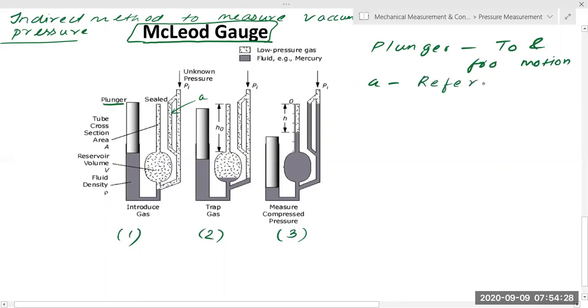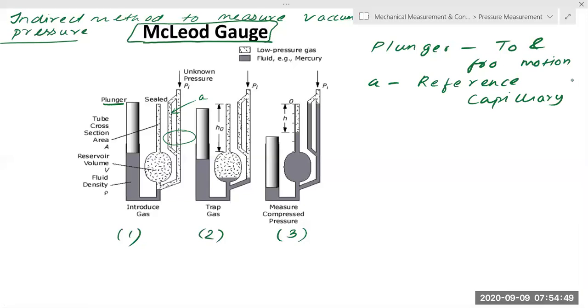Remember, the reference capillary. It is similar to what you had in the manometer. There are two capillaries, correct? Similar to that, there is an extended arm in the reference capillary.